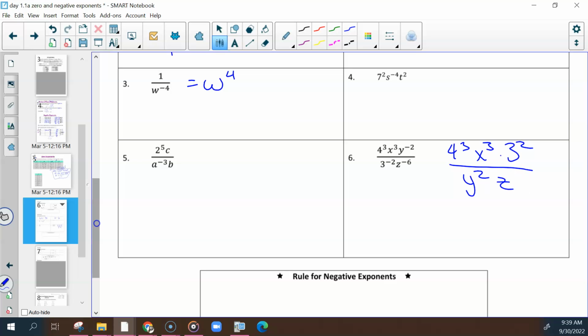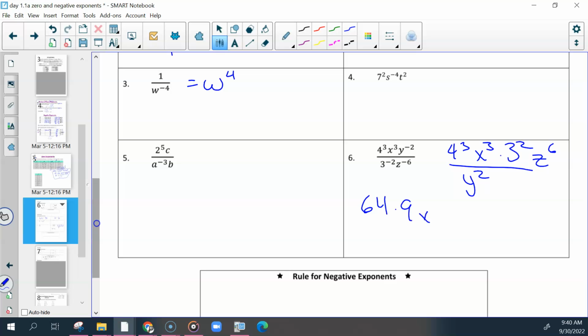Oops, and I forgot about z. Z would also get moved to the numerator. So that's just dealing with the negative exponents. Then we still have to simplify. 4 to the third we just did was 64. I'm going to move this number in front. 3 squared we know is 9.